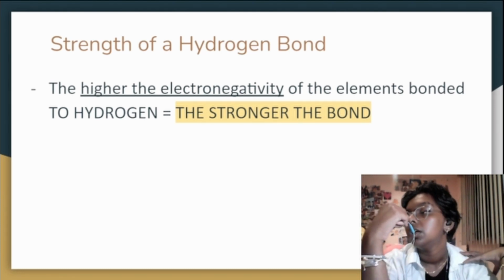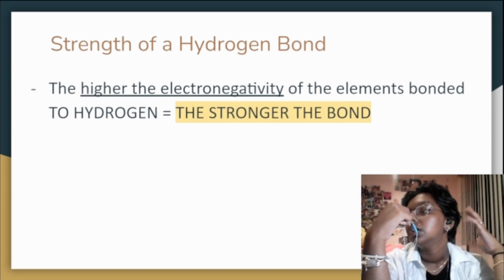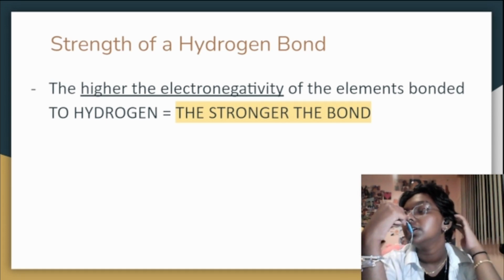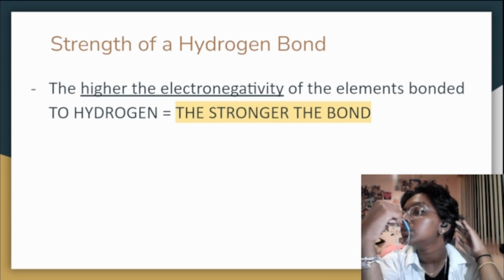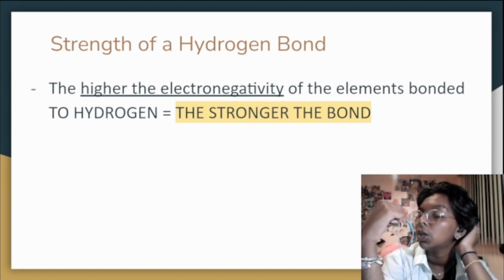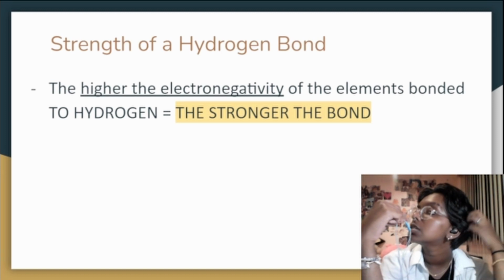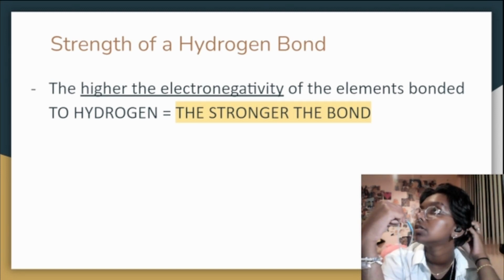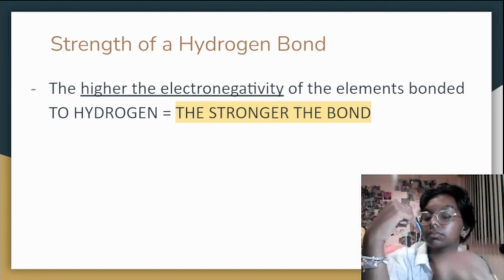For example, oxygen has 3.4 while fluorine has 4.0, so oxygen has a weaker bond with hydrogen compared to fluorine with hydrogen.